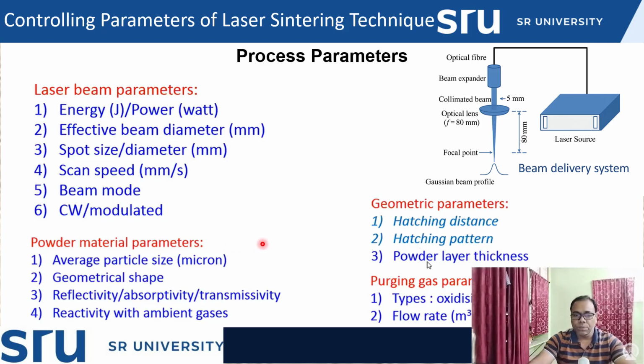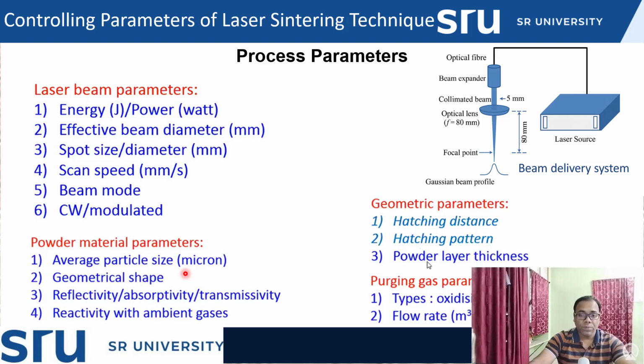Similarly, the other parameters may include powder material parameters, such as the average size of the particles. As we know, all particles will not have the same, uniform size. So there is some variation in the powder particle size, and similarly shape is also possible.